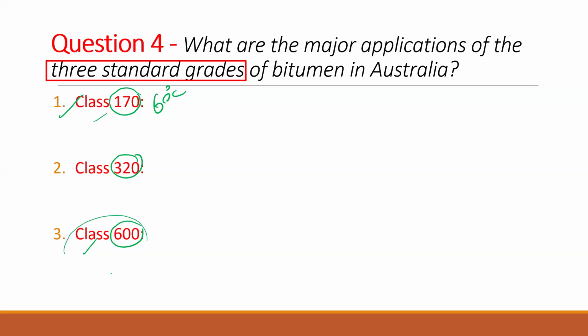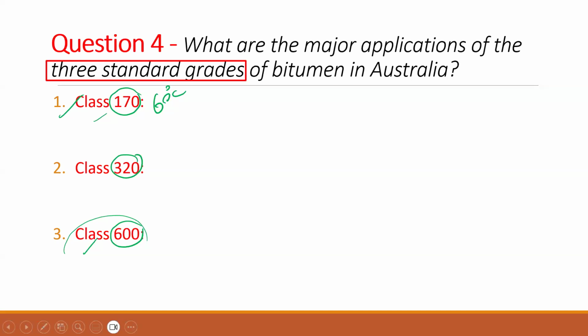And if I ask you to find a binder for a hot mix, I'll explain what hot mix is if you don't know. For an airport, the planes are going on the pavement. Which one do you recommend? 600 for very heavy duty applications, isn't it?